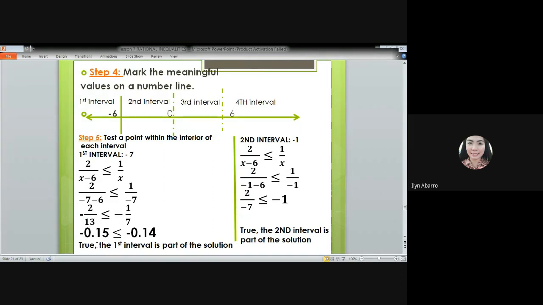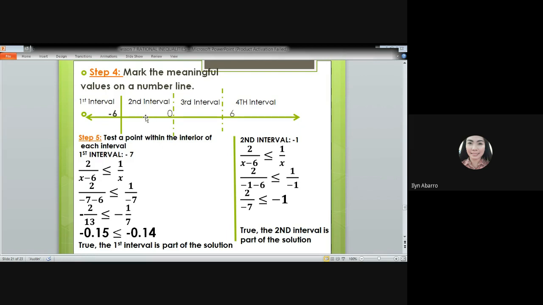Di-divide mo lang siya. Is that less than or equal to negative 0.14? So, kapag negative numbers, the higher the number, lesser yung value niya. So, negative 0.15 is of course less than negative 0.14. That is true. So, the first interval from negative 6 to negative infinity is included in the solution.